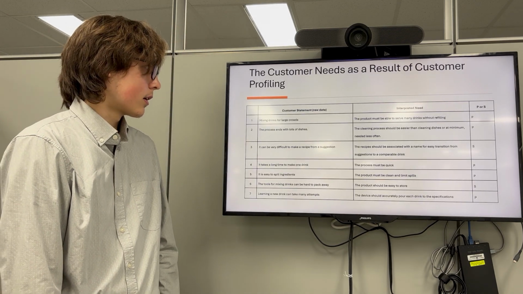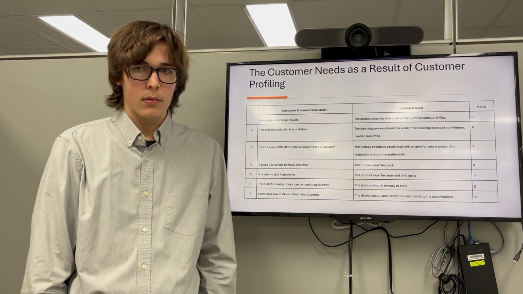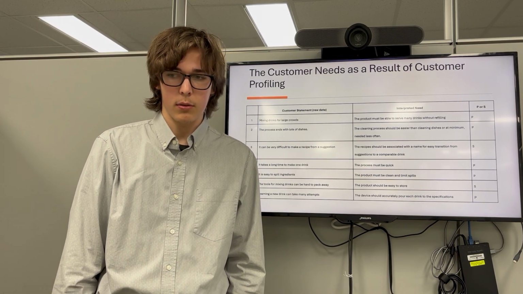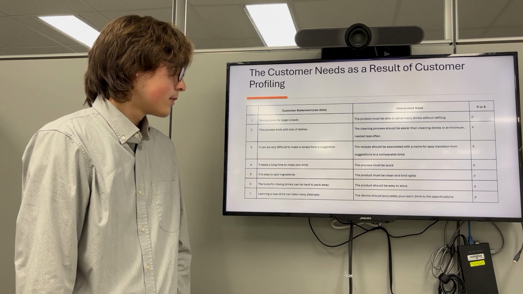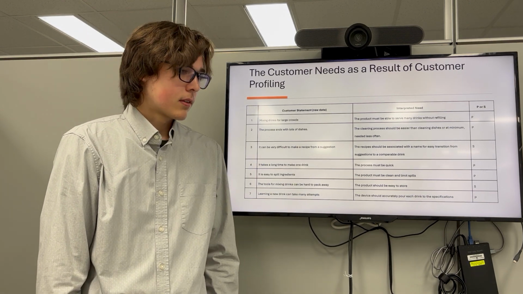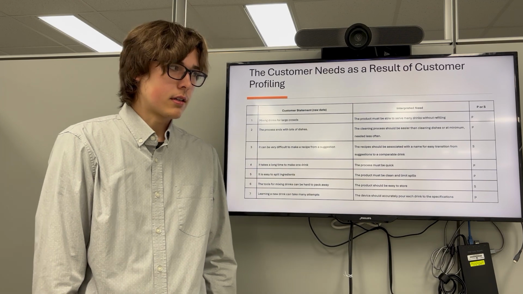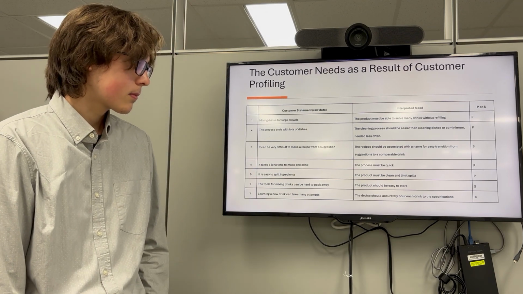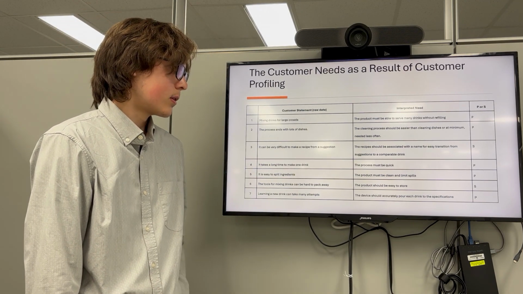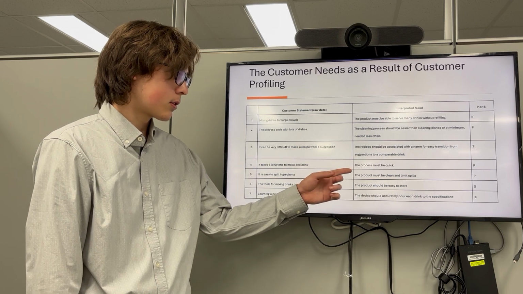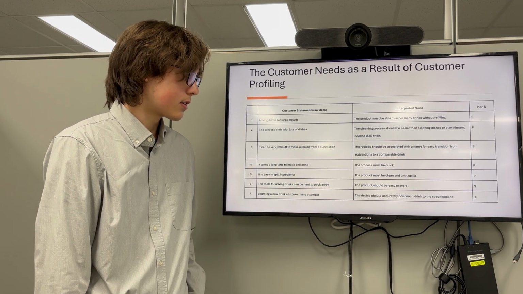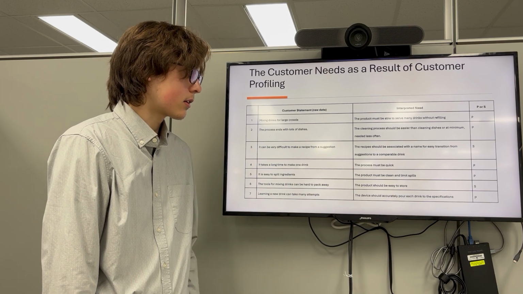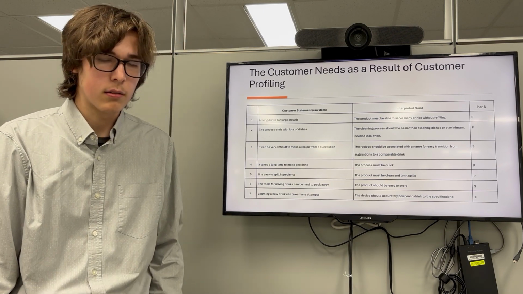From this, we gave surveys to customers or potential customers that helped us develop our needs. We found that the process should be quick, it should be clean, and the product should be easy to store, as well as the cleaning be easier than normal.